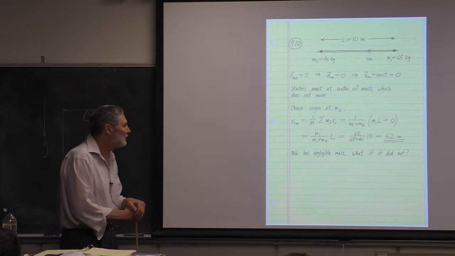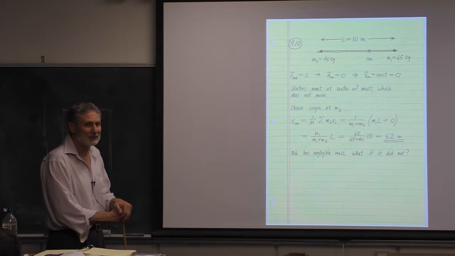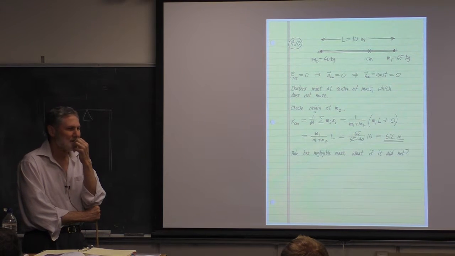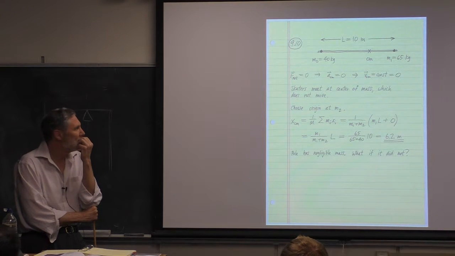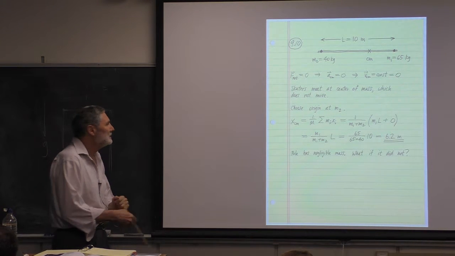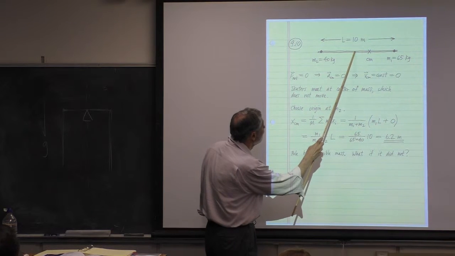So we assume the pole has negligible mass here. What if it doesn't? How would you solve the problem? Well, we know the center of mass of the pole is at the center.